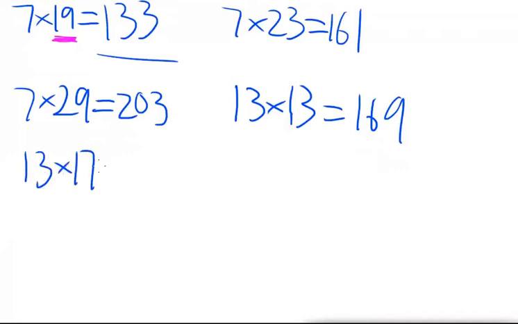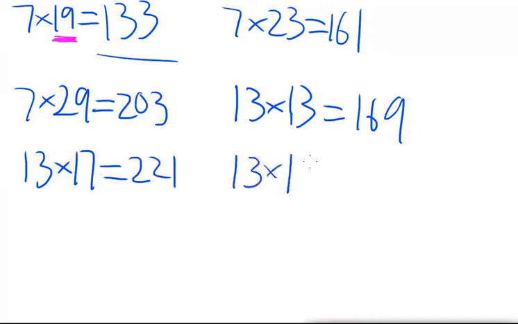Of course, there's 13 times 17. It's going to be equal to, hold up, 3 plus 7 is 10, 121, this is 221, I think.